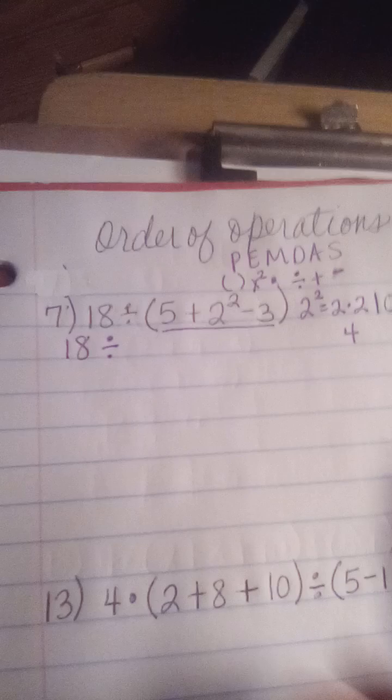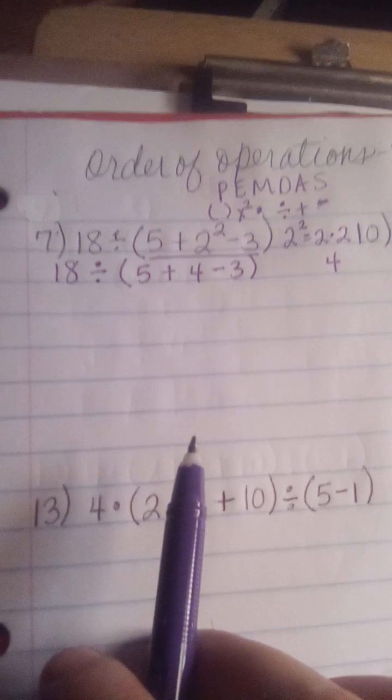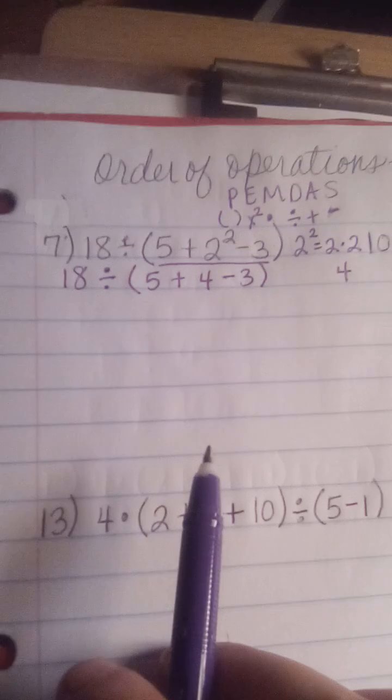Bring down the 18 divided by this number. I'm going to do this a little bit the long way because I want to make sure everyone follows each step. So we're going to put everything inside of parentheses: 5 plus 4 minus 3. Continue where we left off in the parentheses, right?